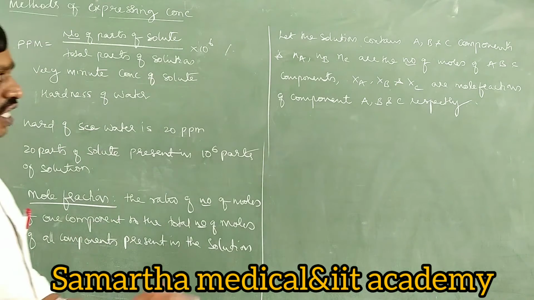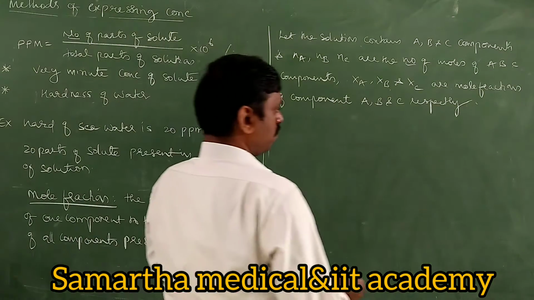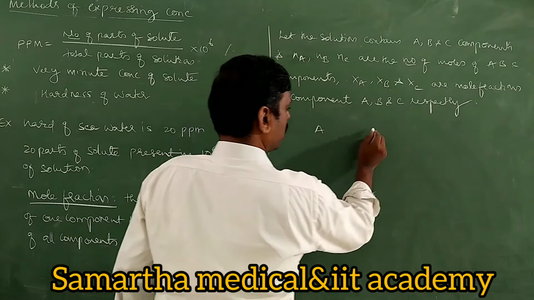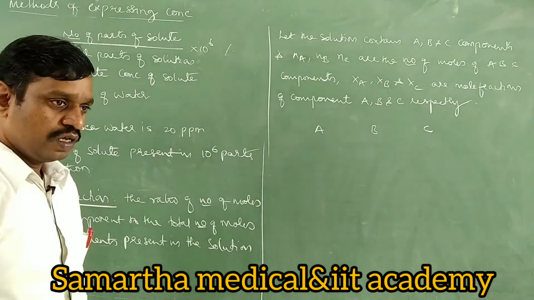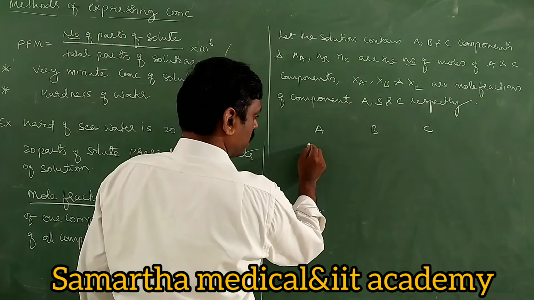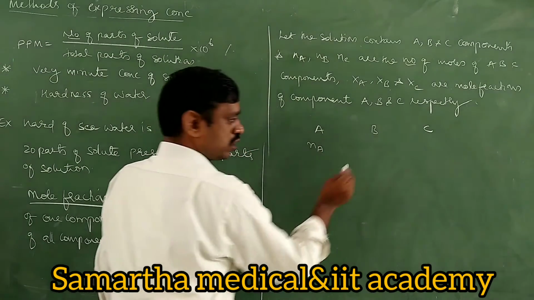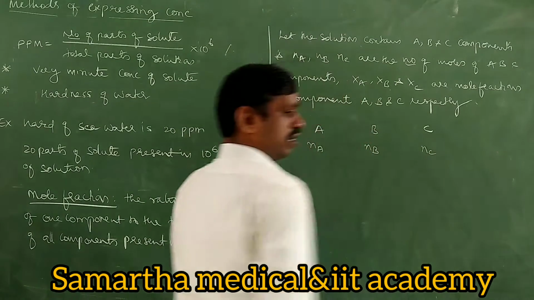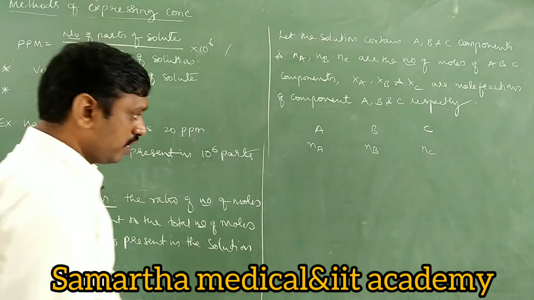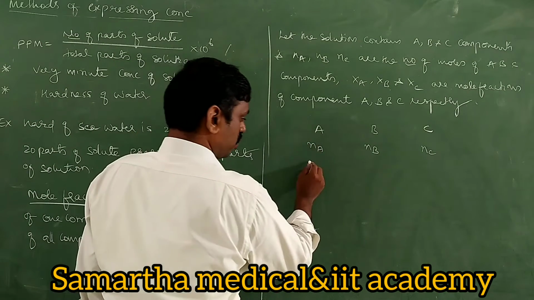Right, so a solution contains three components. Which are the three components? A, B and C. Then the component A contains how many moles? Na moles. Component B contains Nb moles. C contains Nc moles. Okay. Next, what is the mole fraction of A?